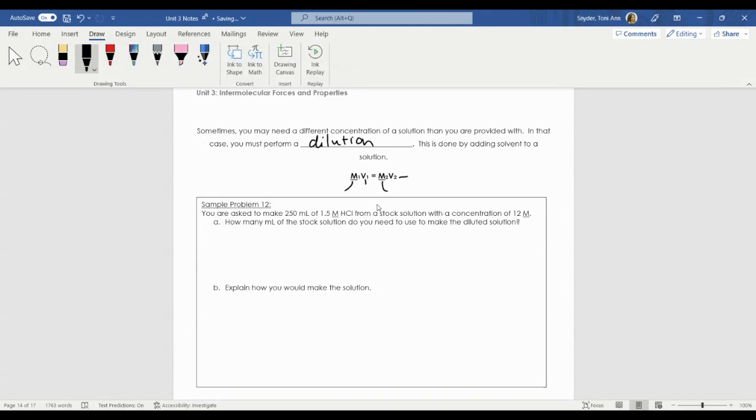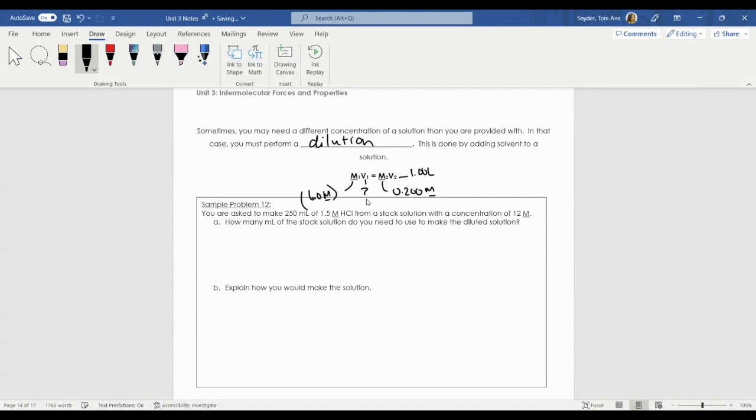So what does this mean, right? Let's say I wanted to make 1 liter of a 0.2 molar solution for a lab, and I only have 6 molar hydrochloric acid.